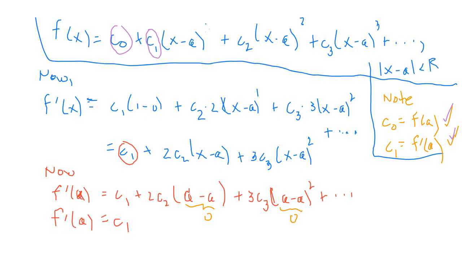If I wanted to find the third coefficient, c2, what would I have to do with my function to determine the next coefficient? Take the second derivative? That's exactly right, Maria. We'd have to take the second derivative. And let me show you that in the book.